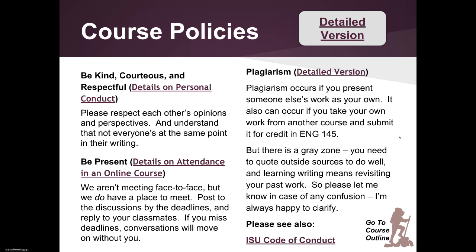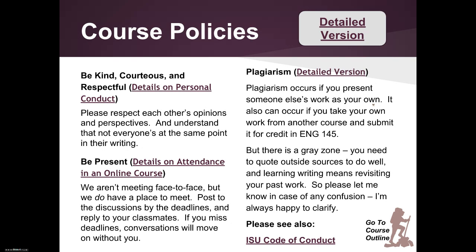Now, because this is a writing course, there is, of course, the concern of plagiarism. And part of English 145, part of a goal for this course is actually help you better understand what plagiarism is, why it happens sometimes, and how you personally can avoid it. So, to give the basic version, plagiarism occurs if you present someone else's work as your own.